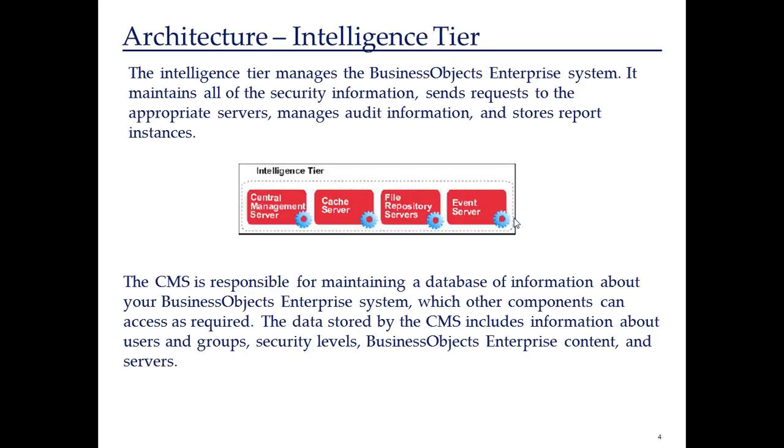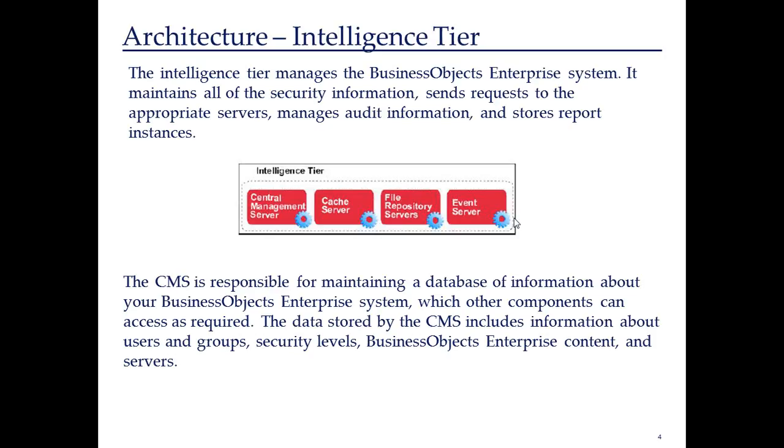And the path where it got stored, that path information is going to be stored in your central management repository. So whenever you open a report, it's going to invoke the specific report from the folder location of your business object server.